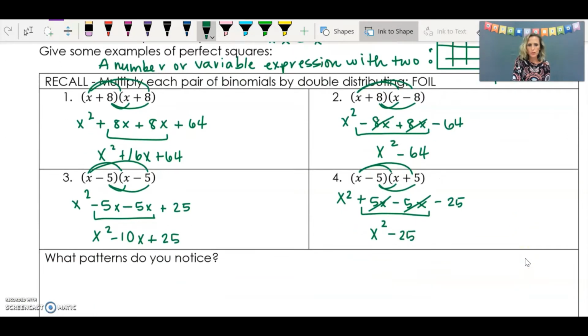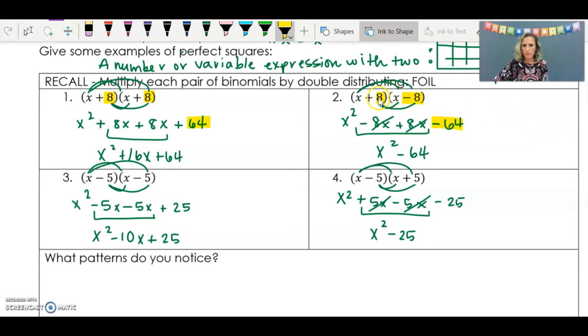So what patterns do we notice? There are a couple of things happening here. One thing is that we've established some perfect squares. If we look at the constant at the end of the expression, here we had 8 times 8, and we ended up with 64. Here we had 8 times negative 8, and we had negative 64.